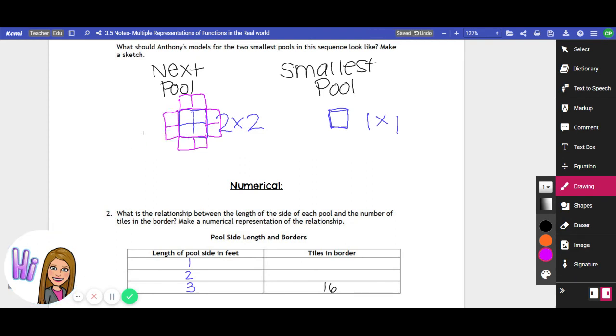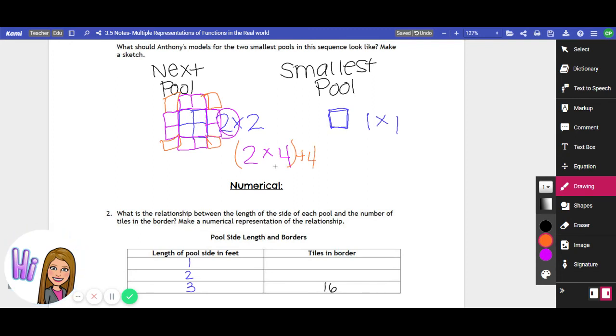So if you think about, well, the length of the side is 2, but we've got 4 sides to it, so we've got 2 times 4. But then the thing we have to remember is to add in these 4 corner pieces also. So to add in this 1, 2, 3, and 4, we have to just add 4. So make that plus 4.